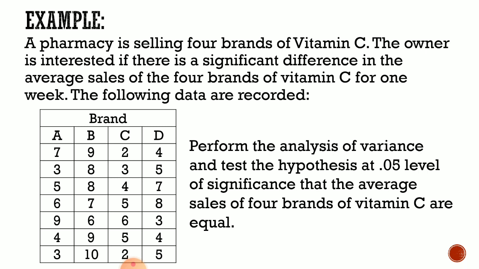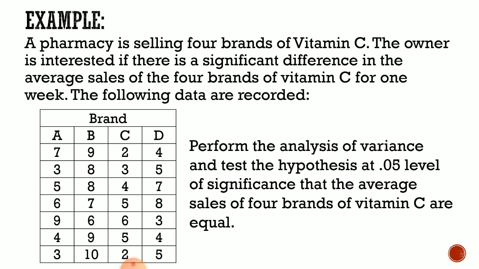For example, a pharmacy is selling 4 brands of vitamin C. The owner is interested if there is a significant difference in the average sales of the 4 brands of vitamin C for 1 week. The following data are recorded. So we have brands A, B, C, and D. Under brand A, we have 7 data.